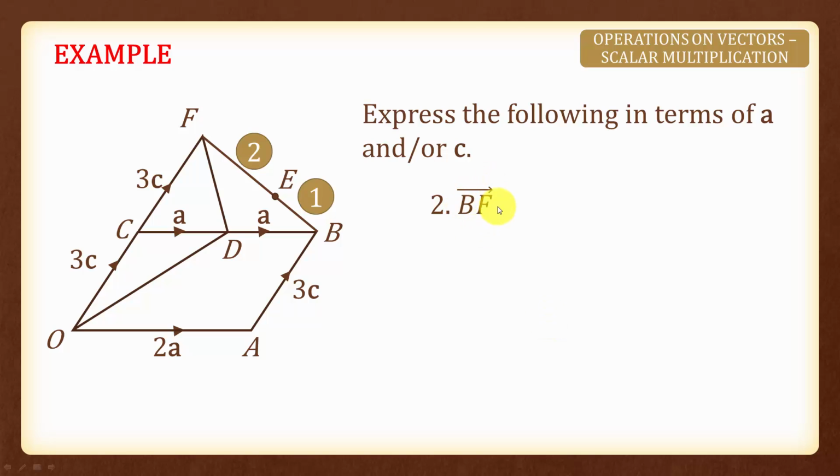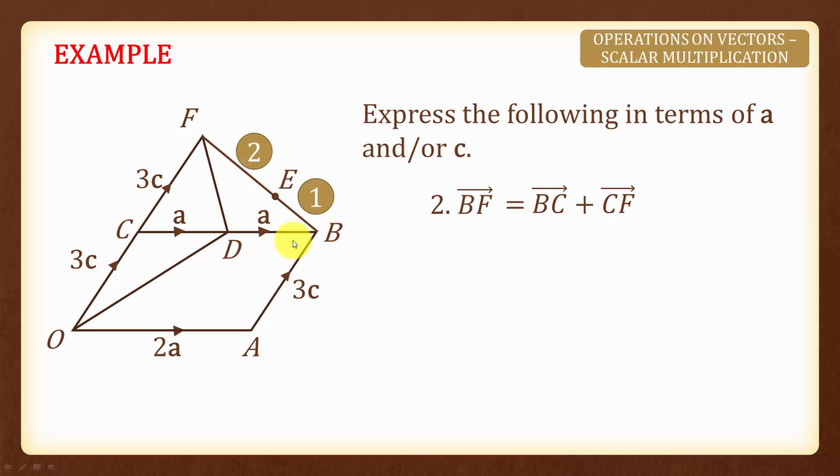Next, we are asked to find vector BF. Now, vector BF can be written as this. Now, which letter should this be? Yes, we can use vector addition of BC plus CF, since BC and CF are both found.